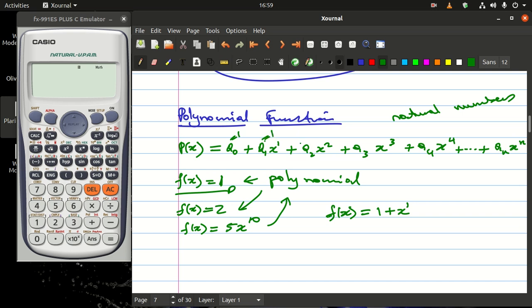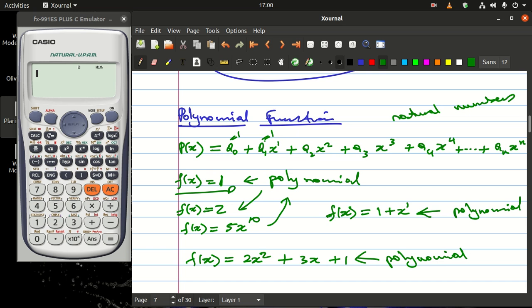This one is equal to 1, and all the others are equal to 0. So this one is also a polynomial. And if you have f of x is equal to 2x squared plus 3x plus 1, we got it by setting a0 equal to 1, a1 equal to 3, and a2 equal to 2. And all the others became 0. So this one also is a polynomial.